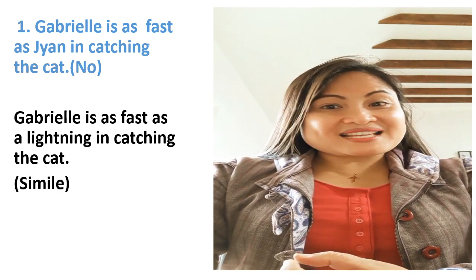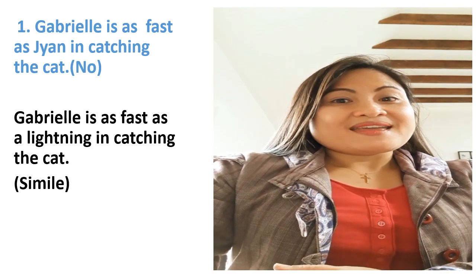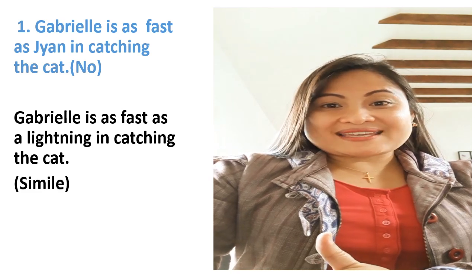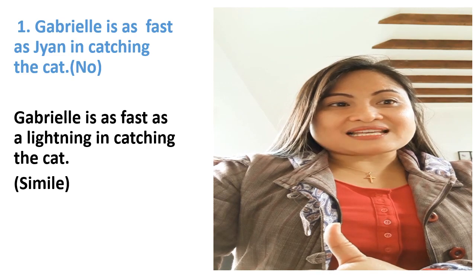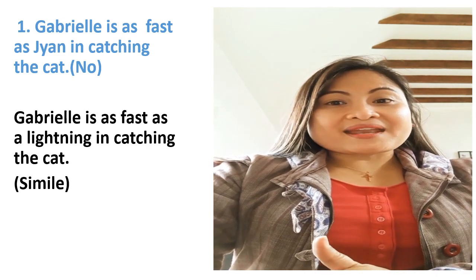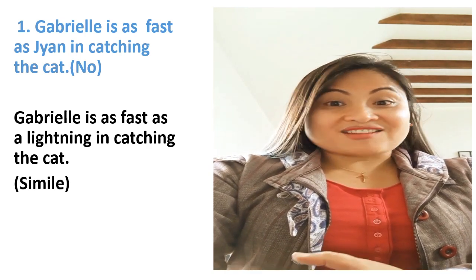How to make this sentence figurative? We could change it to Gabrielle is as fast as a lightning in catching the cat. Again, Gabrielle is as fast as a lightning in catching the cat. Gabrielle here is human, while lightning is not.